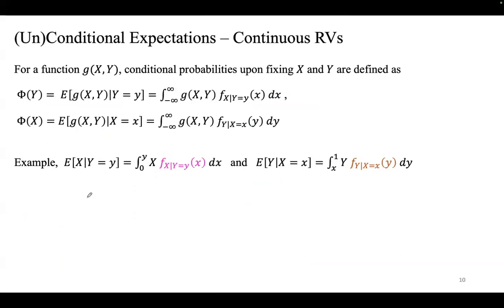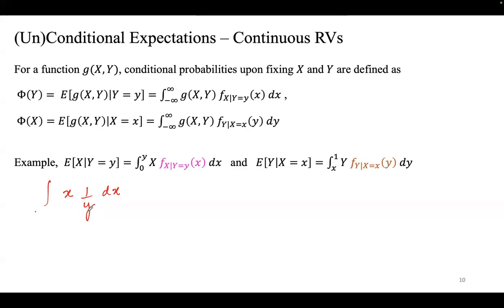So here it is going to be x times 1 by y dx, and we are going to integrate it from some range. Now typically for these, value of y should be fixed, right? But let's say here, y is not a random variable.